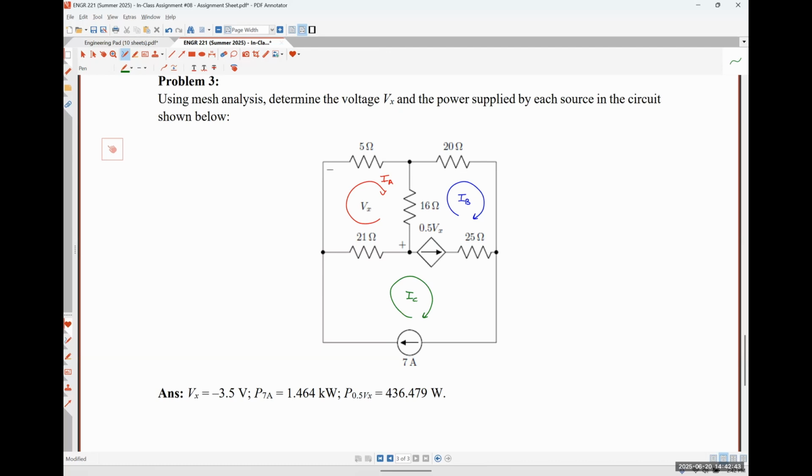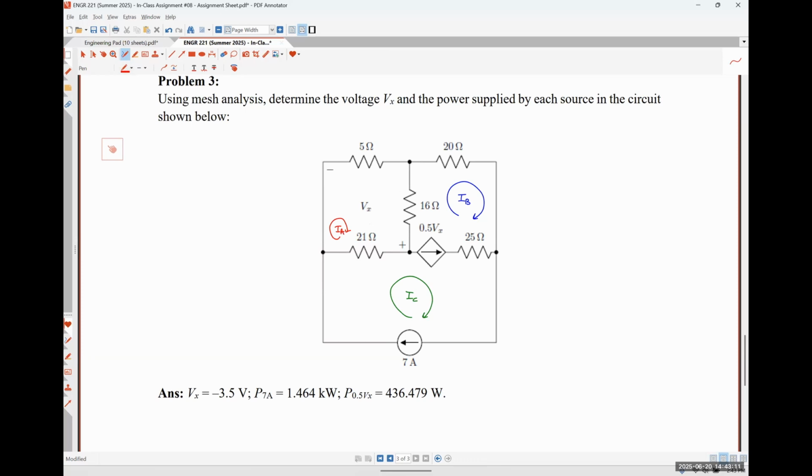So I have identified and labeled my 3 meshes, and I have assigned my mesh currents. So our next step should be expressing our controlling variable in terms of our mesh currents. And actually, I'm going to rewrite this mesh current A because I don't want it to get in the way. So I'm just going to put it over here like this.